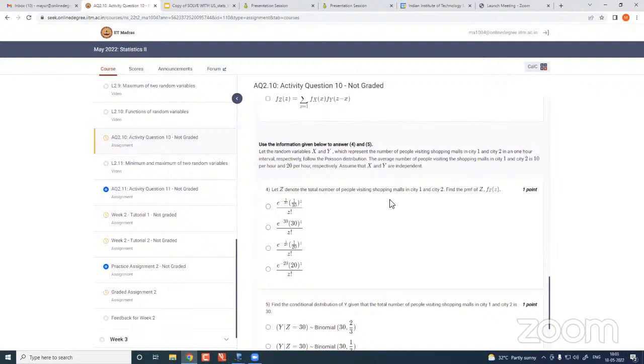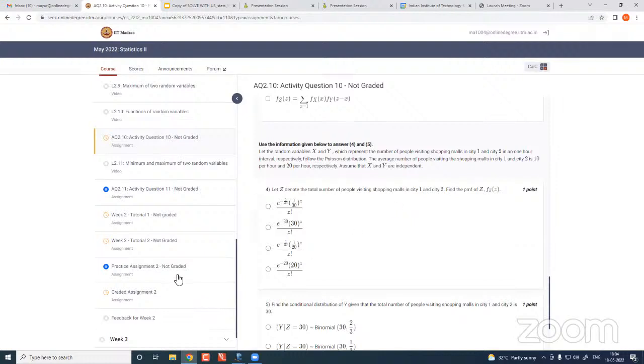Z is the total number of people visiting the shopping malls, so Z is X plus Y. Same thing: e raised to minus lambda into lambda power z divided by z factorial. That is the formula we should use. Option 2 is correct here.